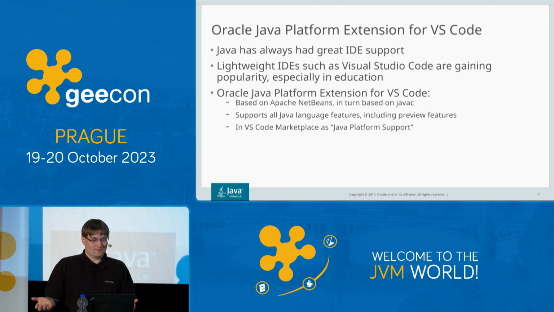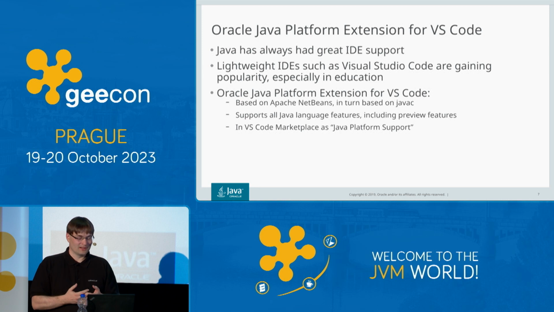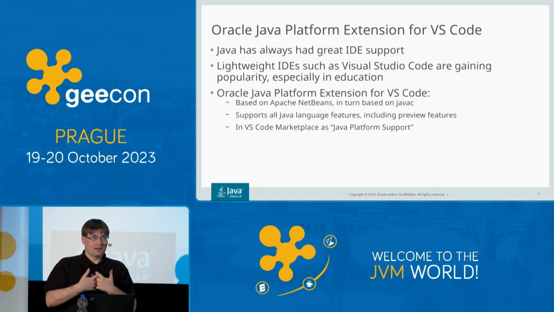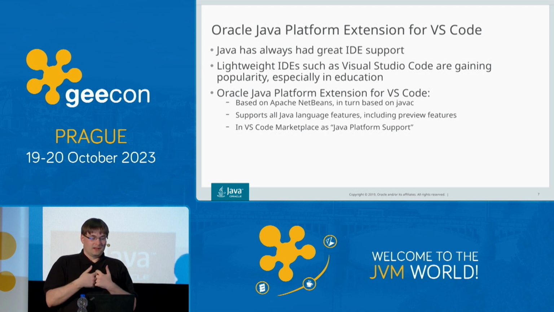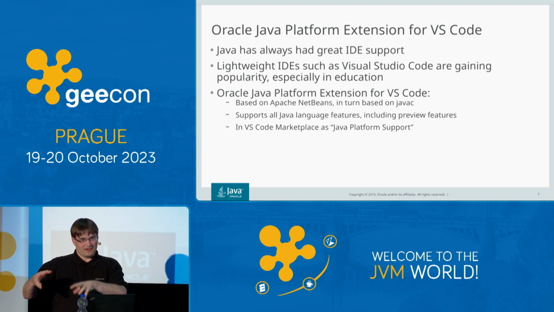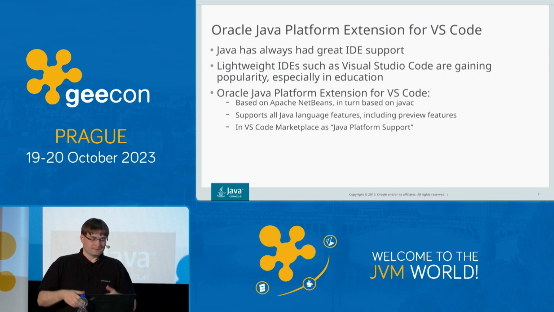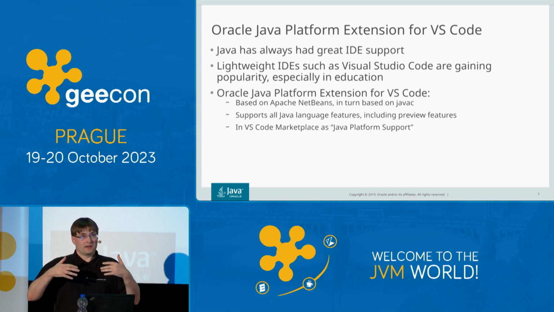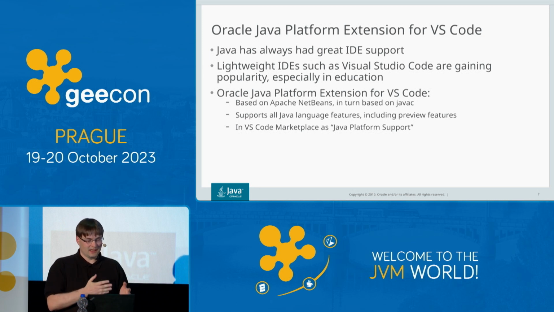Like I was told that Visual Studio Code is used in education a lot. So what we did is that we created an extension to support editing Java source code in Visual Studio Code. It's based on Apache NetBeans, which is based on javac. The parsing inside NetBeans is done by javac. So in a sense, whatever javac does, it's inherited in NetBeans.